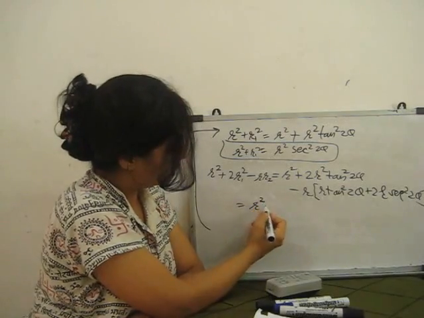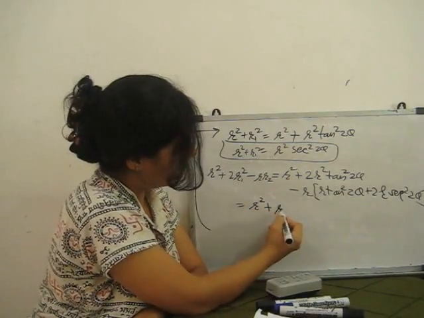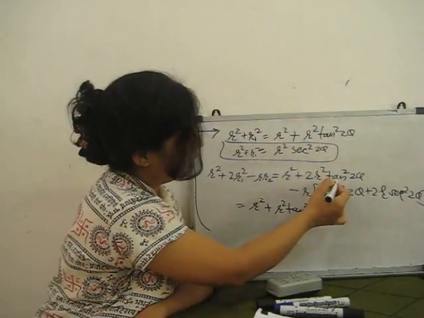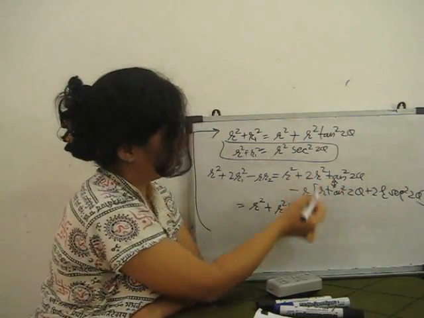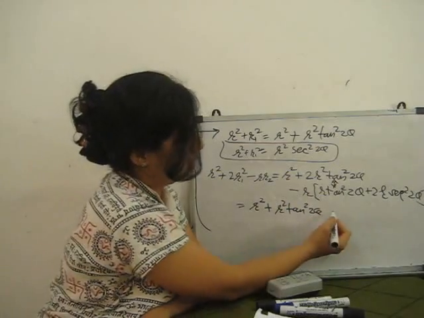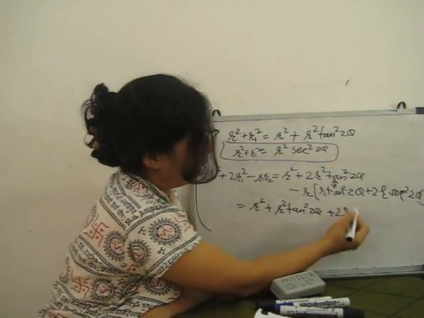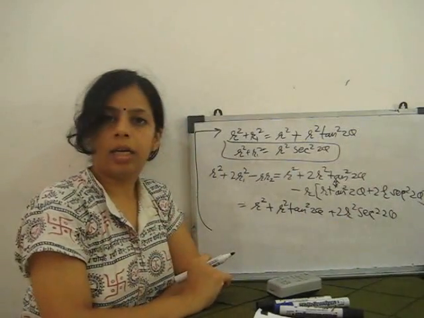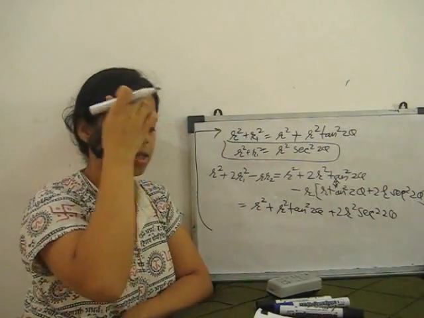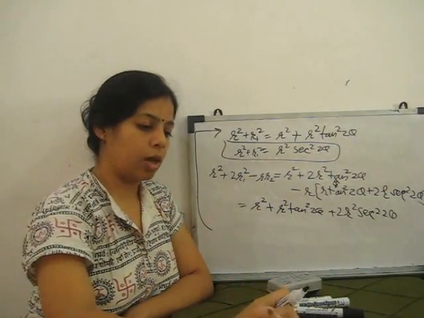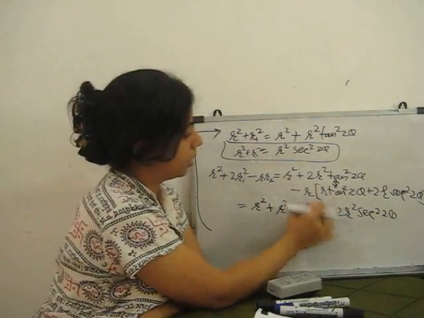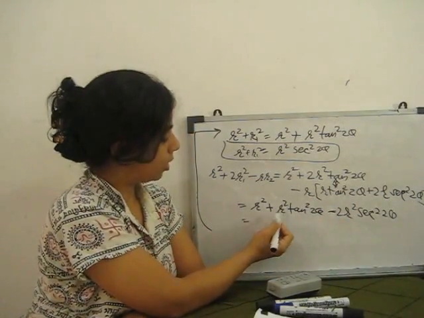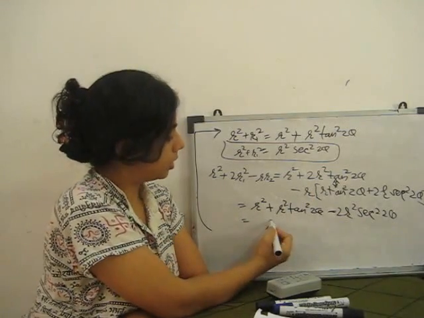When we simplify it, we get r square plus r square tan square 2 theta. Clear? 2 minus 1 is 1, and then the 2 r square sec square 2 theta comes with a minus sign, because the minus is outside. Now taking r square common, 1 plus tan square is sec square.